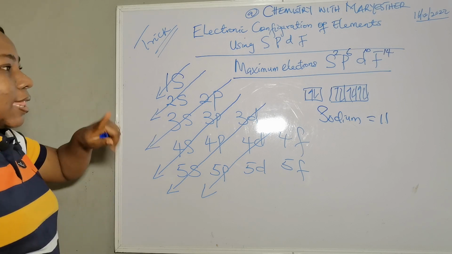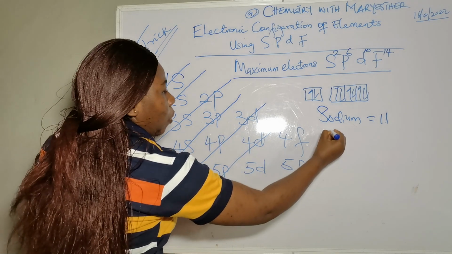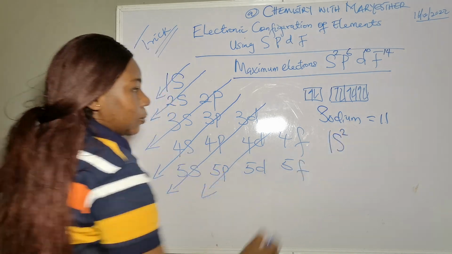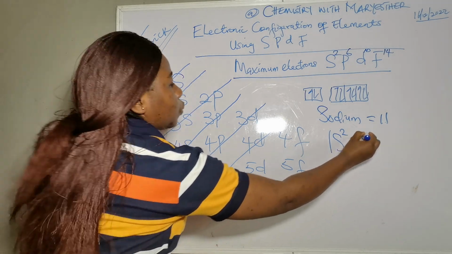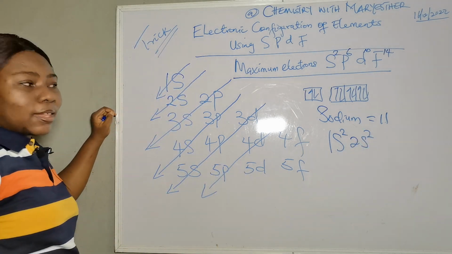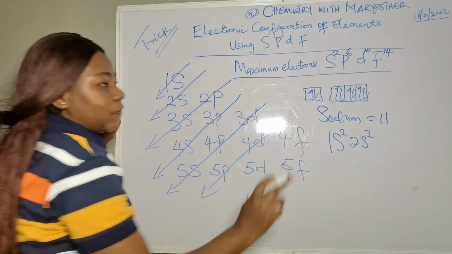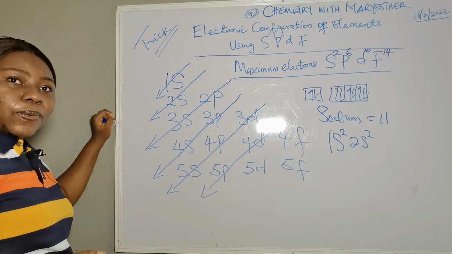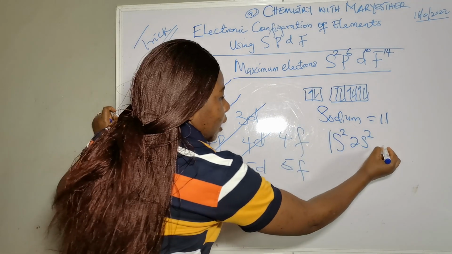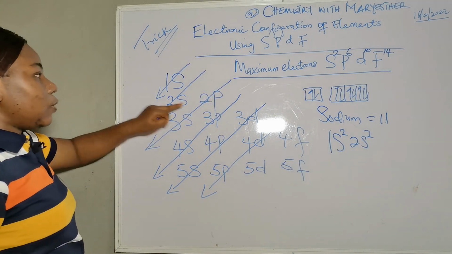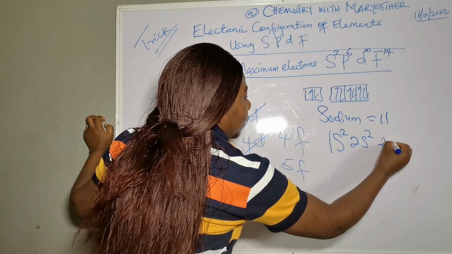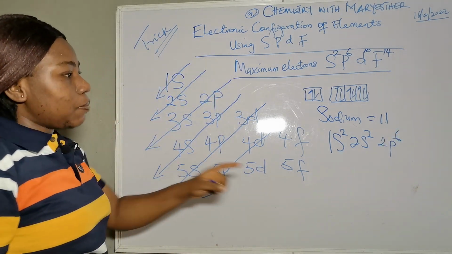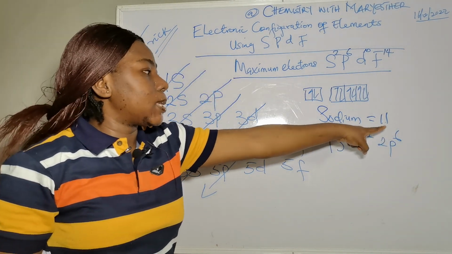Now let's go. For sodium, the first shell, 1s2, right? 2s2. We have 2 plus 2 is 4. Remaining how many now? Okay, now after 2s, you enter 2p. 2p6, which means 2 plus 2, 4. 4 plus 6, 10.